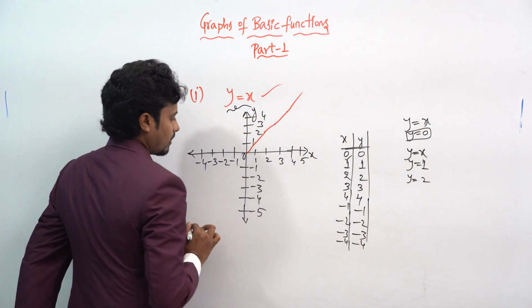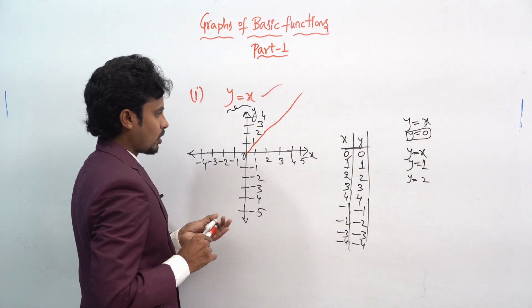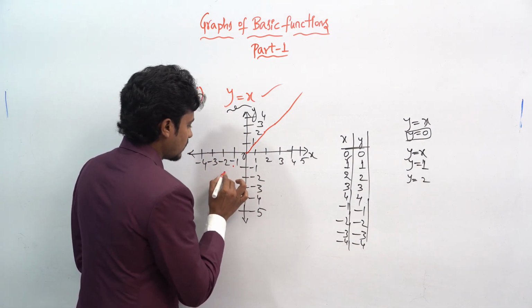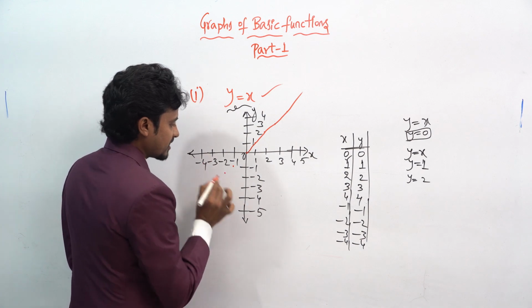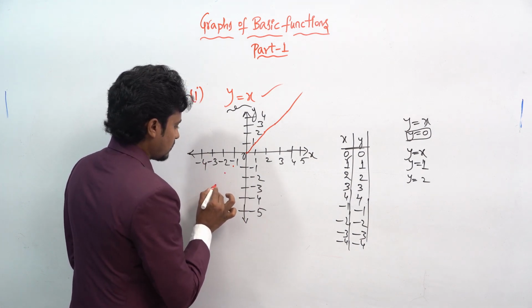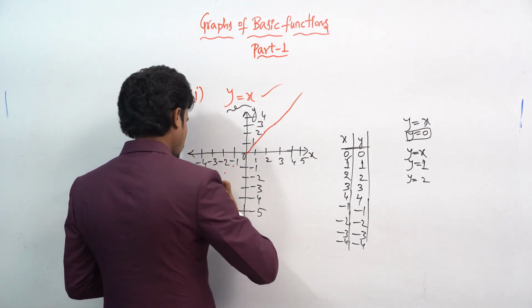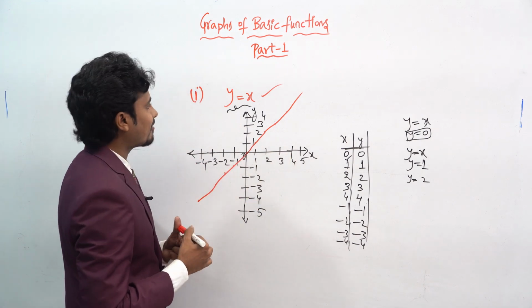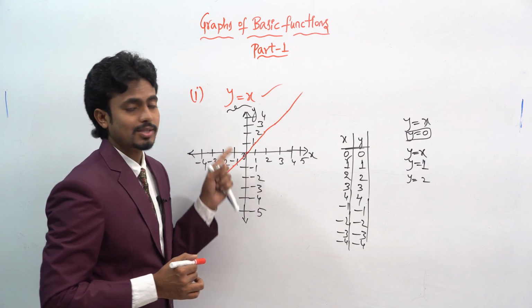So here -1 means how much we will get? We will get -1 here. -2 means here, -2. -3 means here this. Okay, this was the graph for y is equal to x plot.